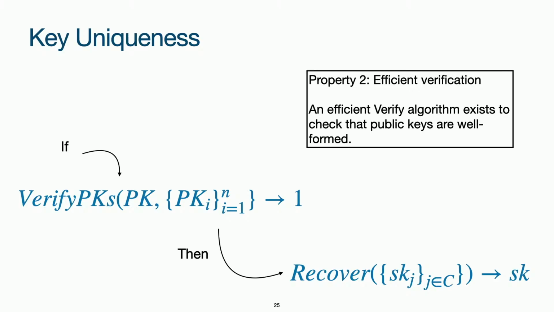Okay? I think I missed the point. So there's only one representation of shares that corresponds to the secret key that corresponds to the public key? Yes. This means that proactive techniques cannot be applied in this setting?